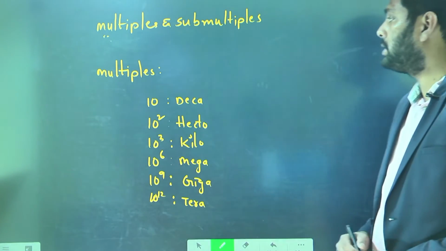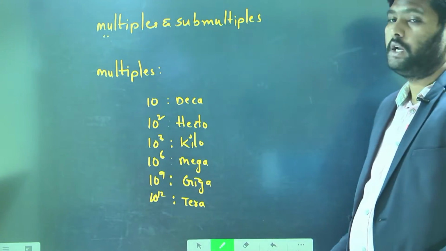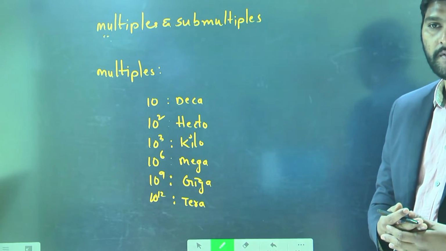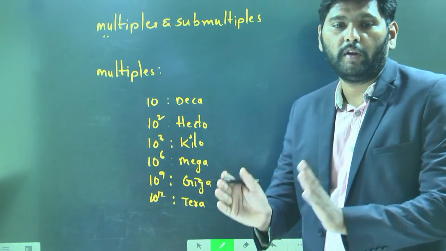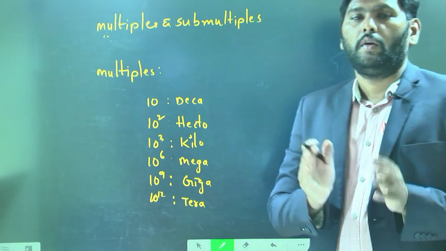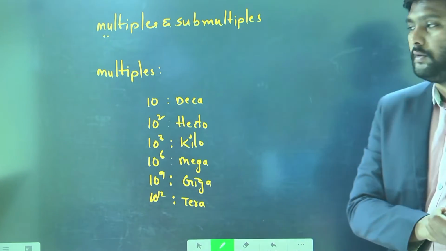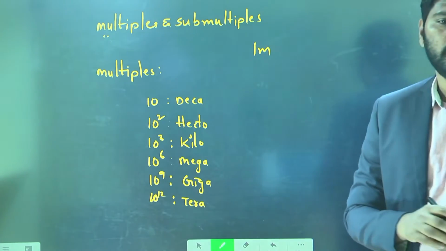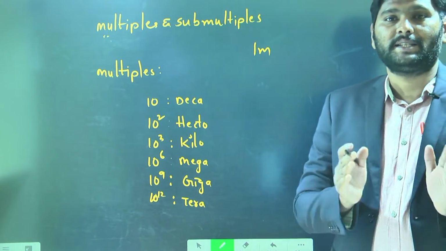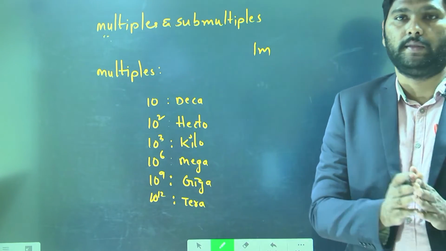But how do you use these multiples in our units? For example, when you are measuring length, 1 meter is the SI unit of length.